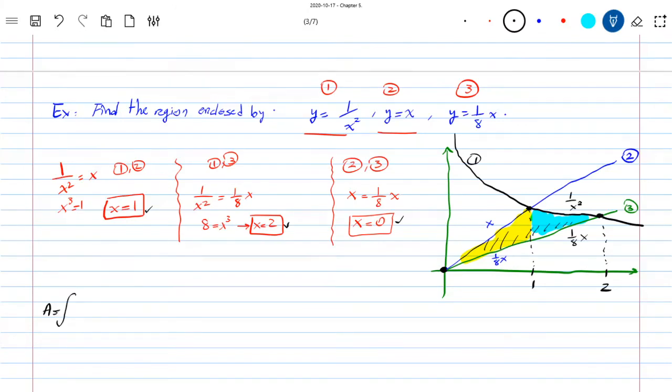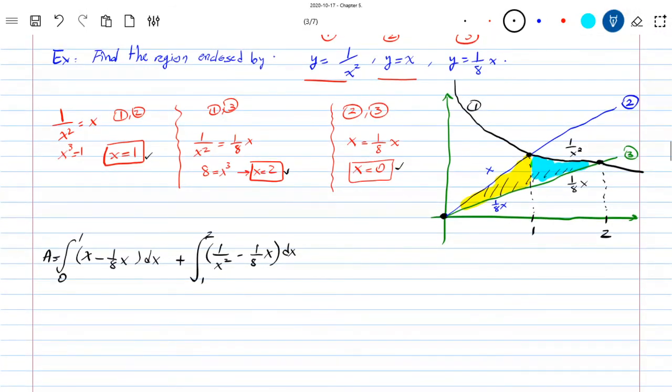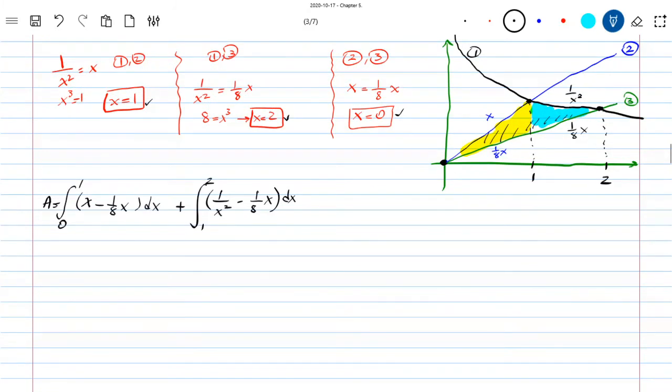The enclosed area is from 0 to 1 the top function minus the bottom function, which is x minus 1/8x, dx, plus from 1 to 2 the top function, 1 over x squared, minus 1 over 8x. Then I will calculate these integrals and add the results up, and that would be the area between these curves. And so the enclosed area would be calculated this way.